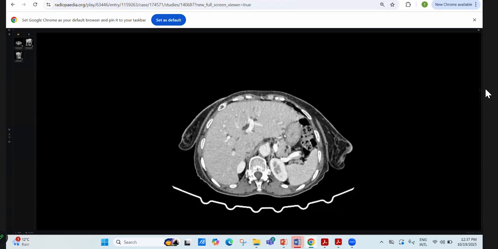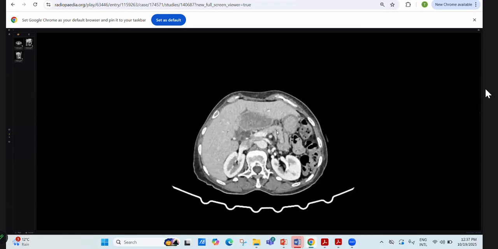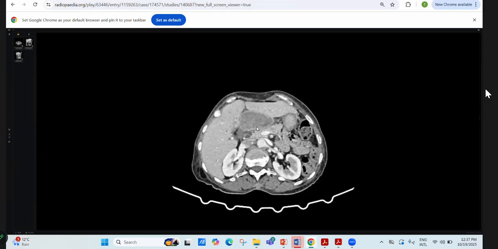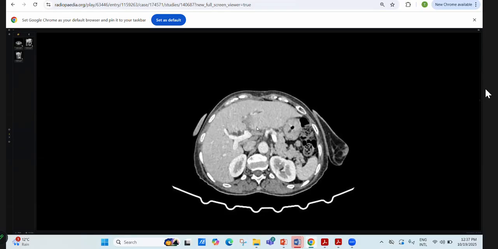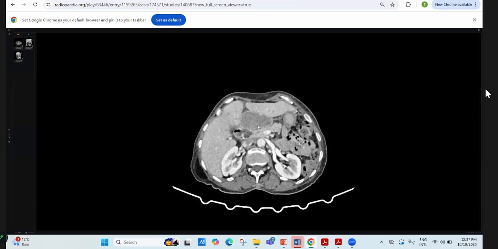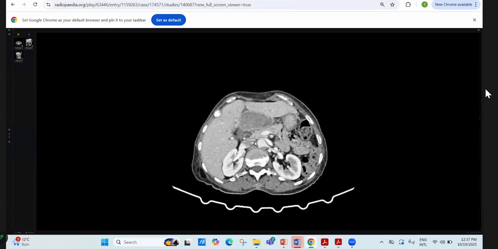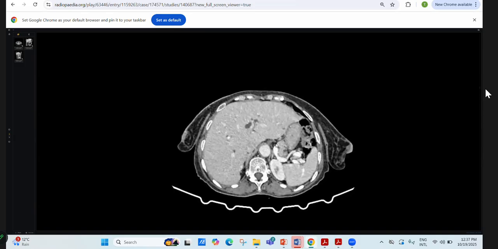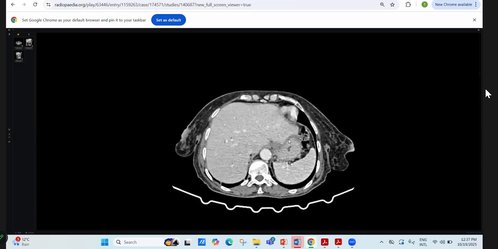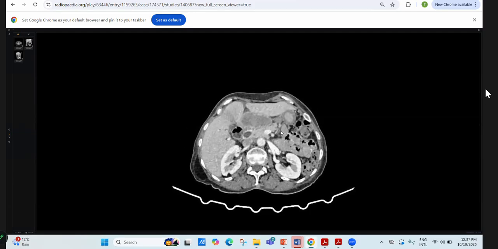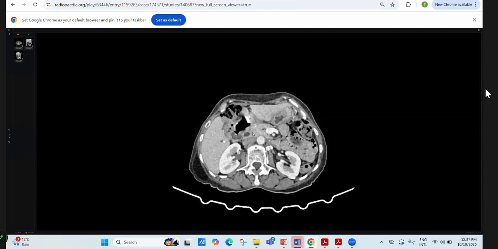There is also dilatation of the gallbladder, I'm suspecting. I'm just trying to check whether this is bowel loop or a gallbladder. So I'm tracing the stomach, and the patient had open cholecystectomy.